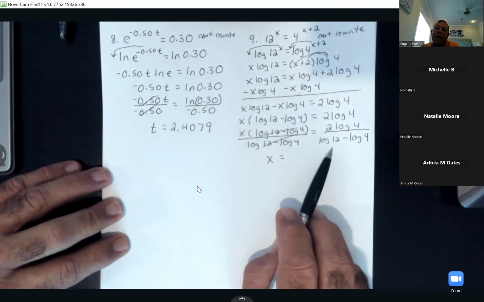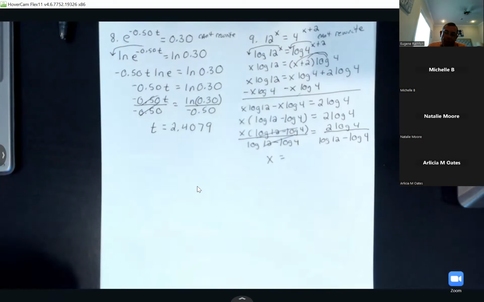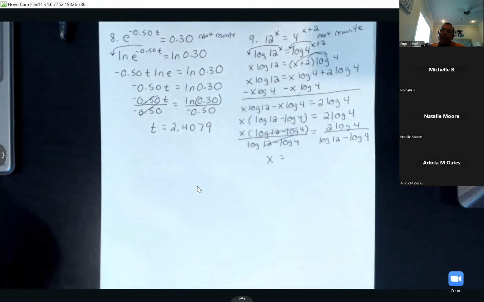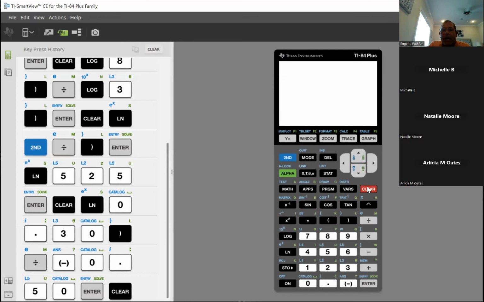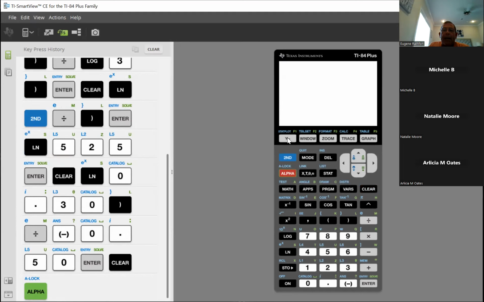Now, y'all, I ain't going to lie. On this one, let me show you what I would do on the calculator so that you can make sure that you get this right. I'm going to make it look like a fraction because we all have the power to hit alpha y equals and then enter for the n/d.